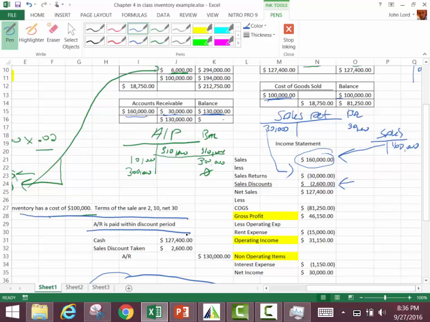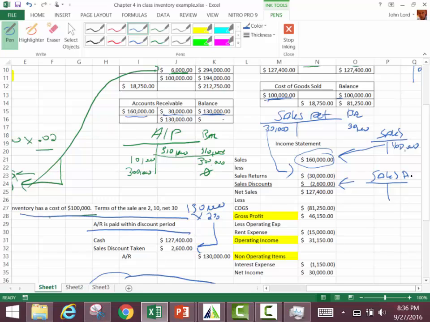So how much did he owe me? 130,000? And I take 2% of 130,000. Is that this 2,600? So that's a sales discount that was taken, doesn't it? And so when I go ahead and look at this, I didn't tee up sales discounts either.